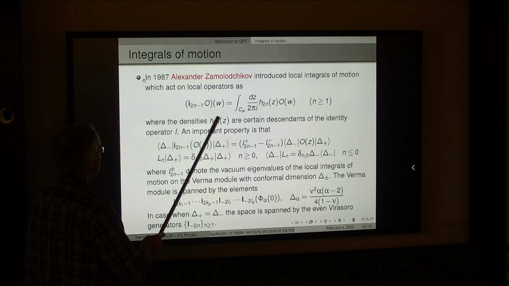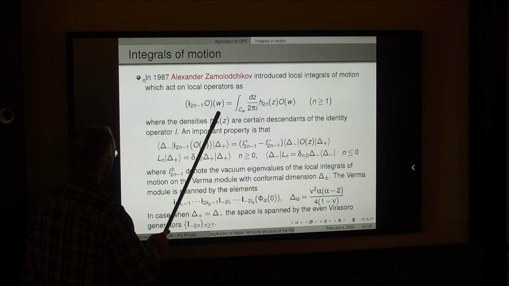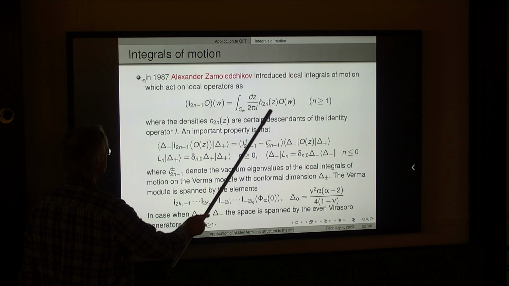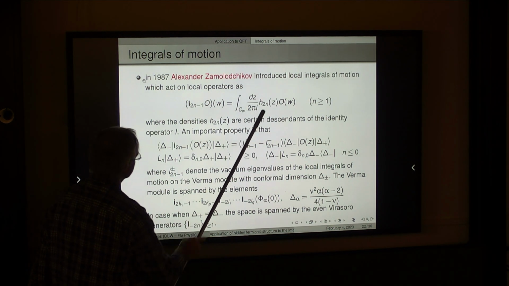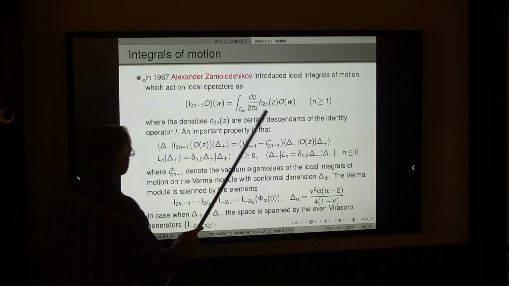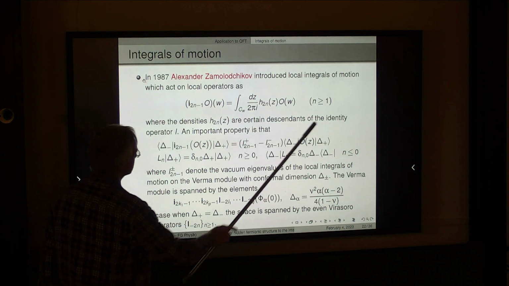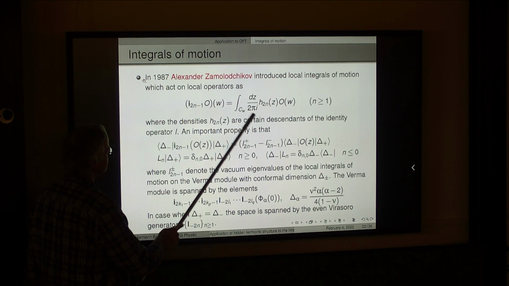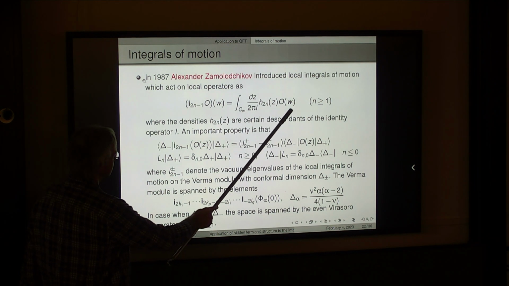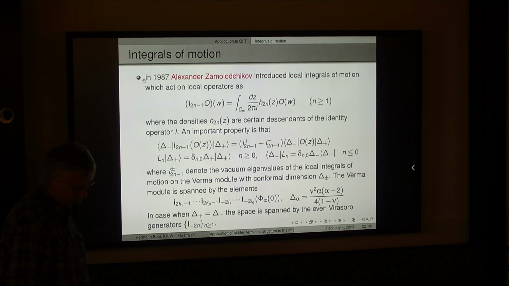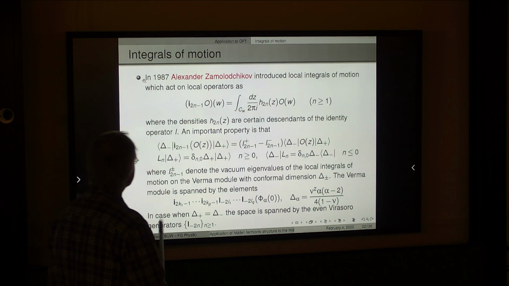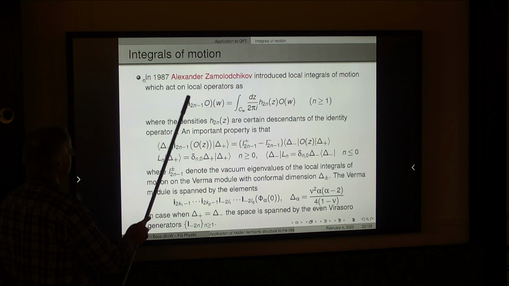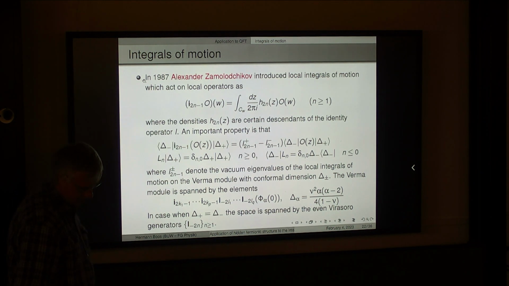He found the following result: if one takes certain densities, these h to n, actually these densities are all descendants of the identity operator, and takes the integral, multiplied with some local operator, or takes the integral around z, around w, then what one gets are integrals of motion.